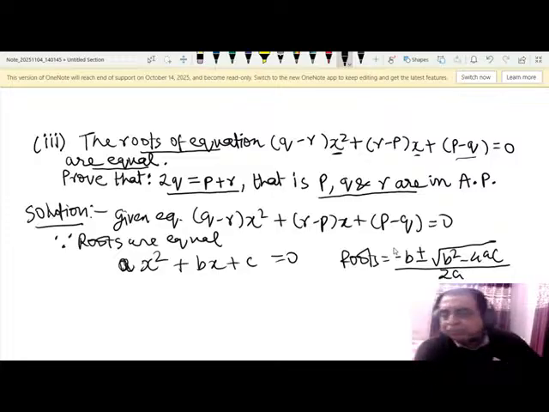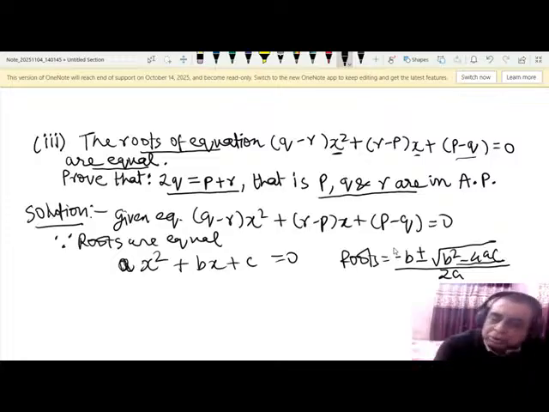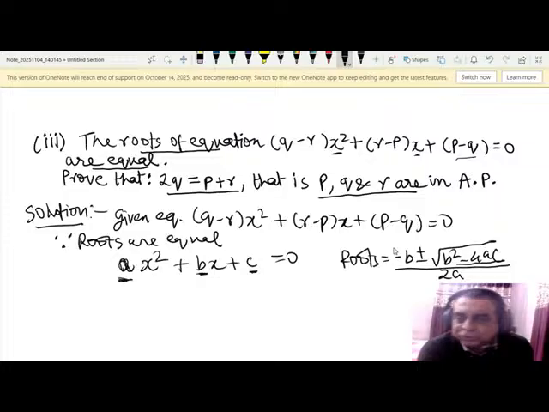Sridharacharya's formula. So when both roots are equal, the expression within the root sign, which we call the discriminant, should be 0. Here a denotes the coefficient of x squared, b denotes the coefficient of x, and c denotes the term free from x, that is the constant term.